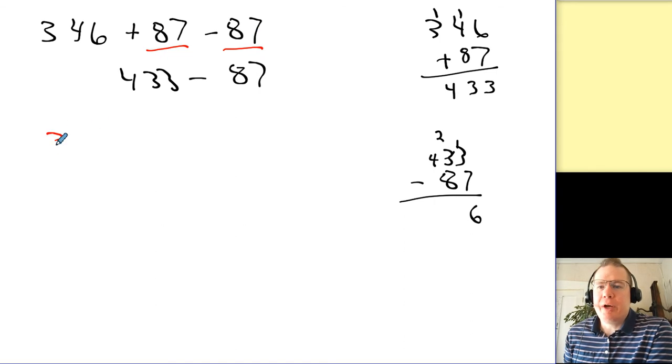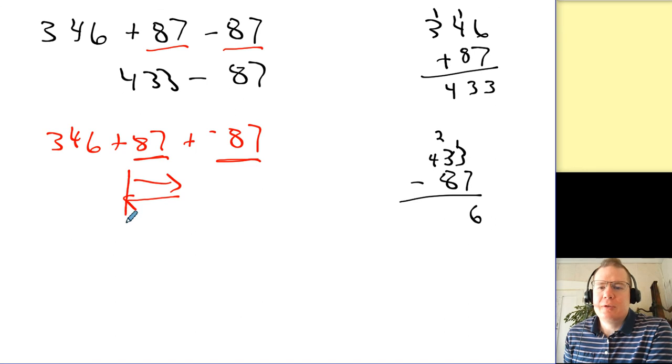By rewriting this as addition here with the negative for the second 87, I can add these two first, which makes everything super easy. 87 forward, 87 backwards. I'm right back where I started. If I start at 346, I wind back at 346.